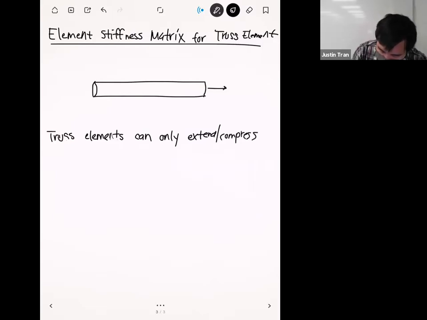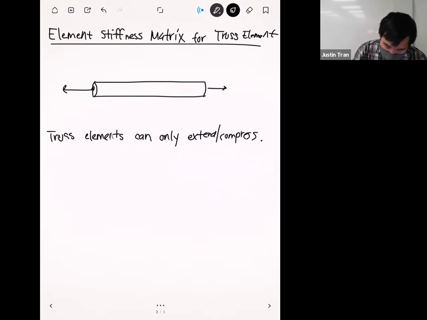And so their deformation modes are limited to just this direction. Putting it in terms of cylindrical coordinates, we say that the deformation is limited to just axial deformation.